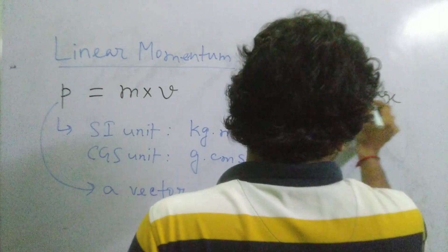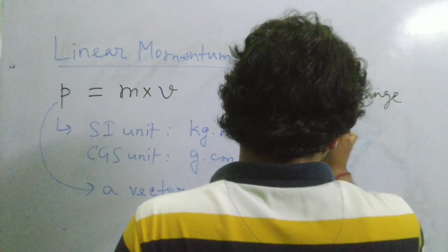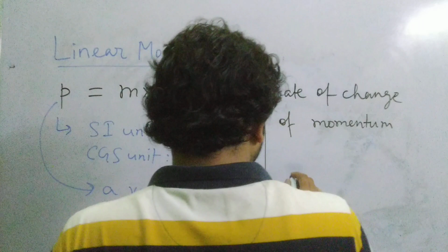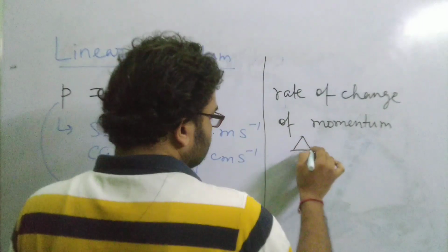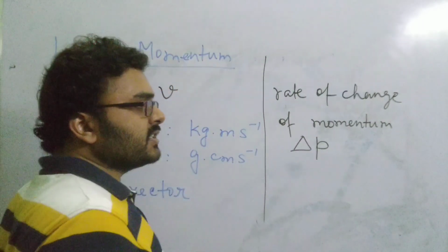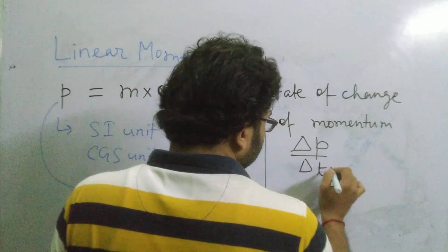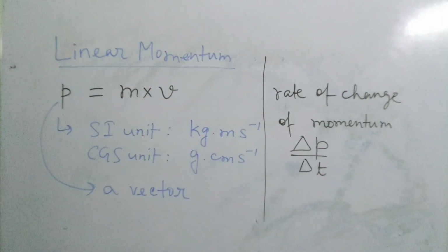If the change in momentum is delta p, where delta indicates a change, and it changes in a certain time interval delta t, the rate of change of momentum is given as delta p by delta t. Okay, so this is the rate of change of momentum.